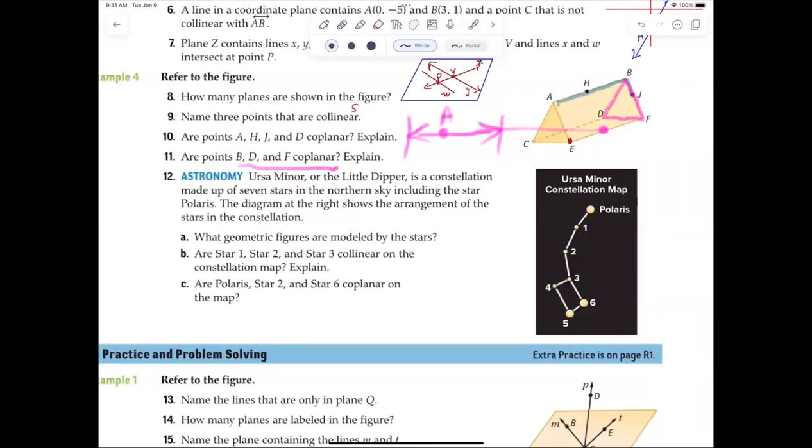Because they are non-collinear, therefore they are in the same plane. You have to write that down for some of you guys who are slow. If 3 points are not on the same line, then they are in the same plane.